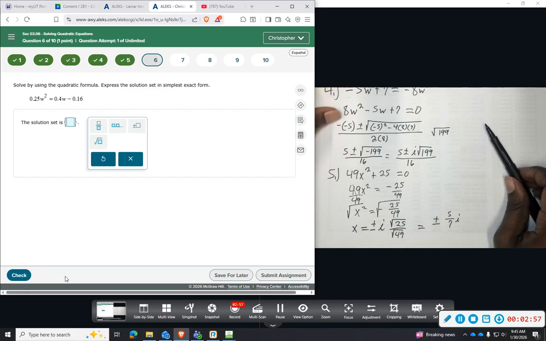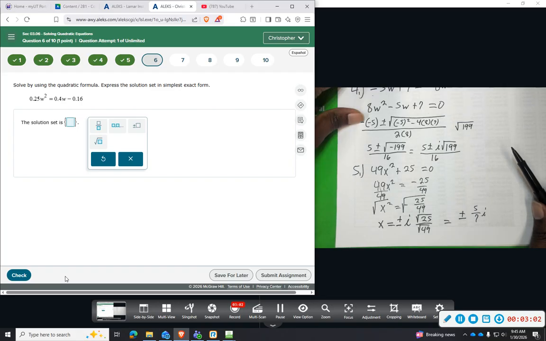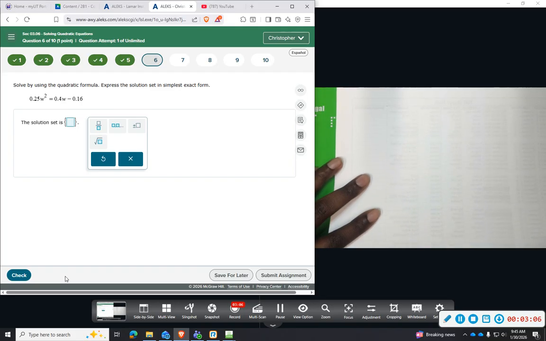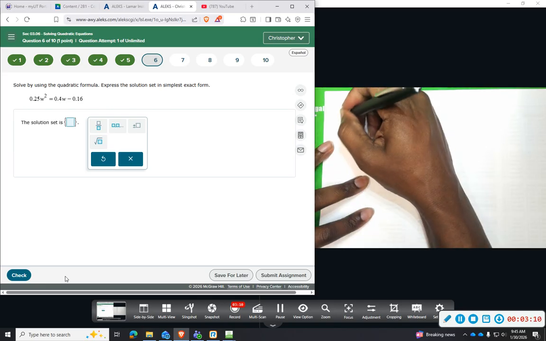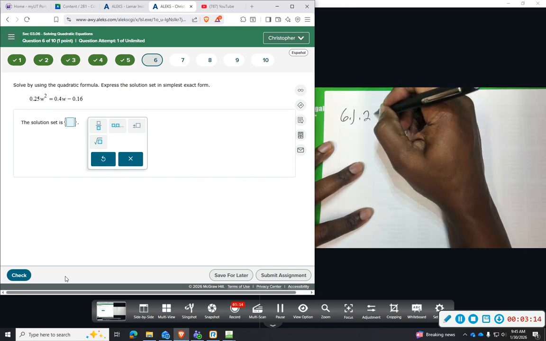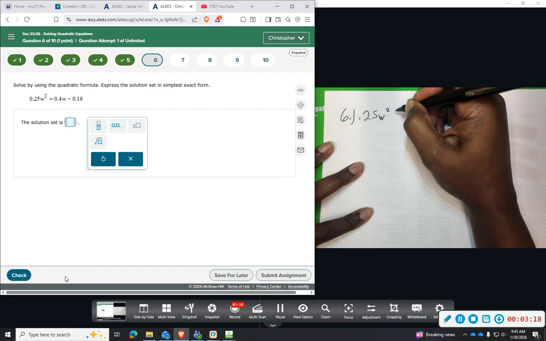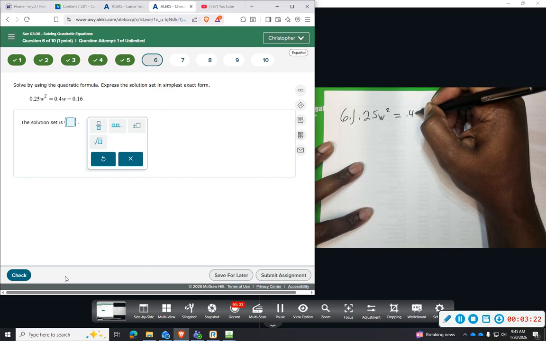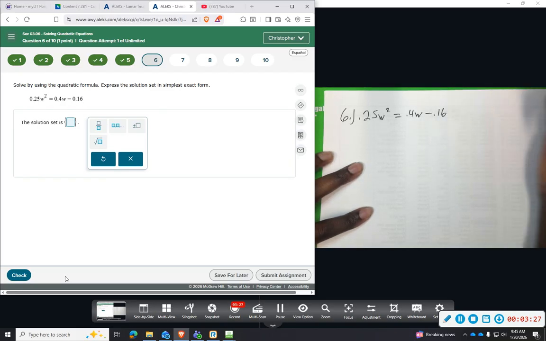All right, number 6. Let's do a new page. Number 6, again, we're going to solve using quadratic formula. 25w squared equals 0.4w minus 0.16.